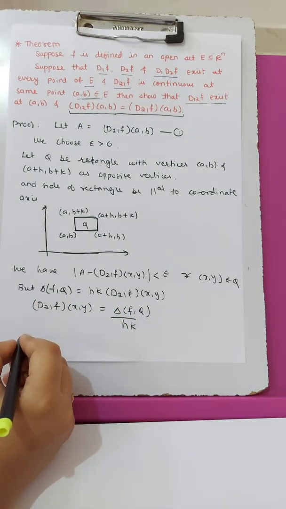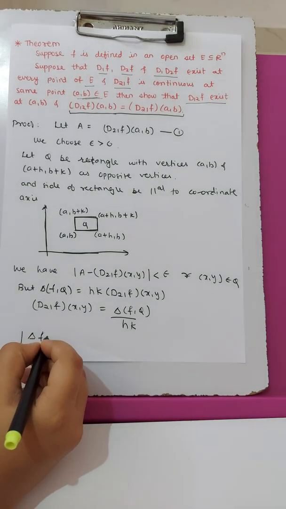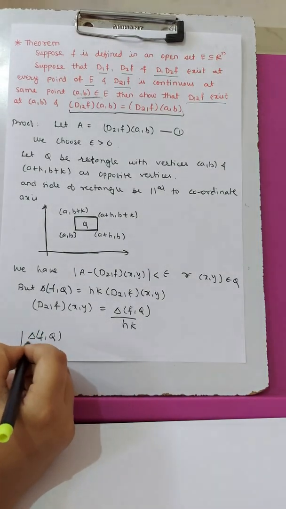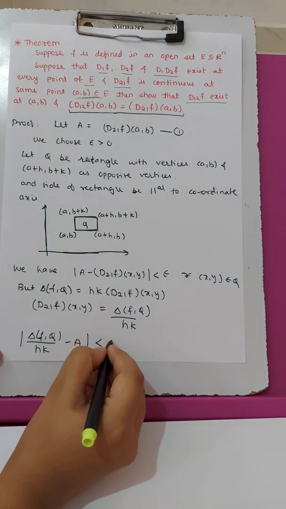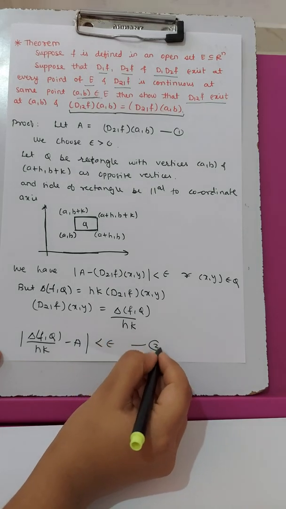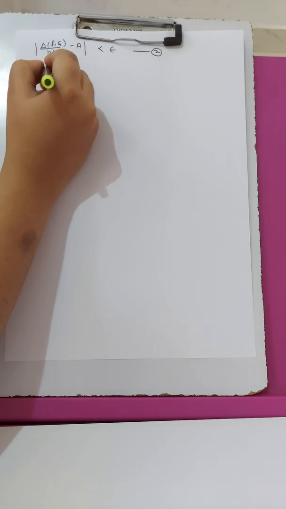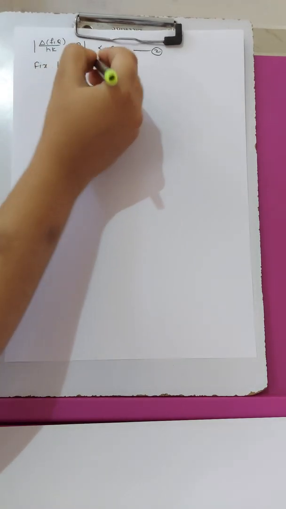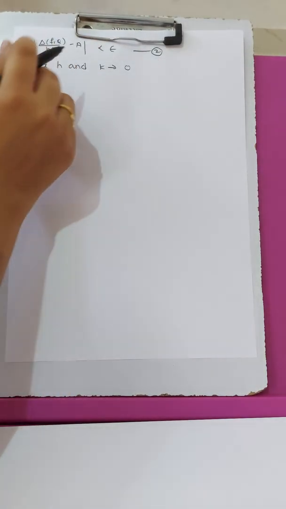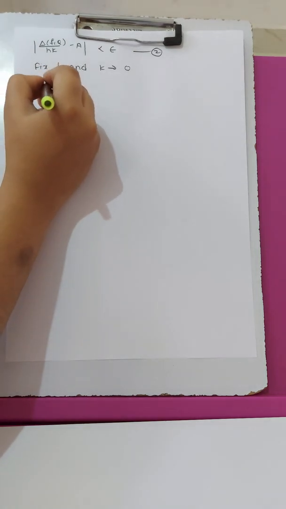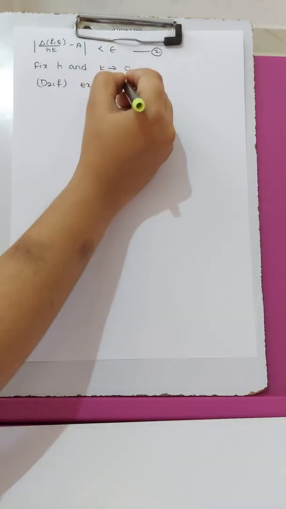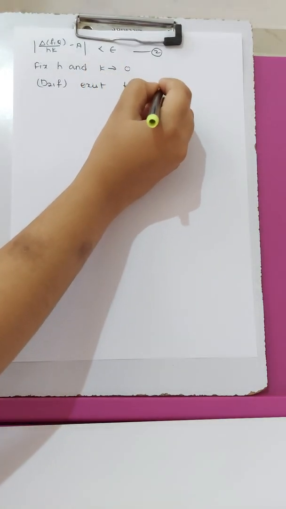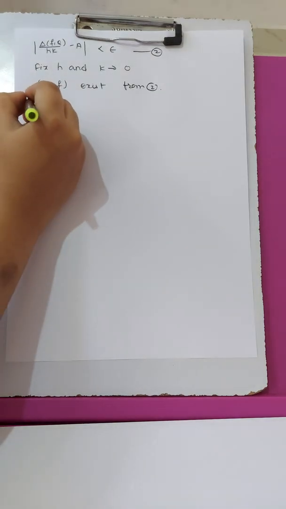So from this we have mod of delta(f, Q) upon hk minus A is less than epsilon. Let it be number 2. So now here we fix h and let k tend to 0. So from this, d21f exists from this second.